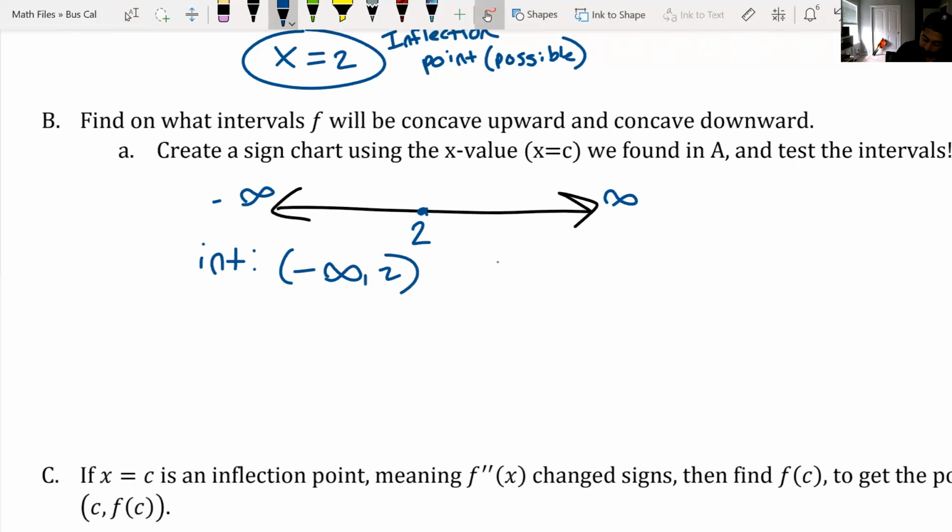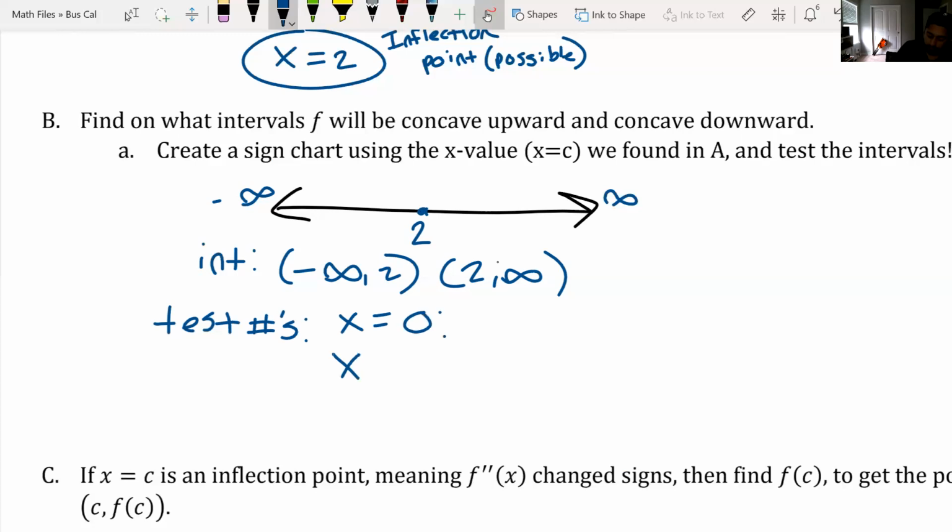Negative infinity to 2, 2 to infinity. Pick test numbers. Negative infinity to 2, you can pick 1 or 0. 2 to infinity, pick 3. Now again, this is a sign chart for the second derivative.